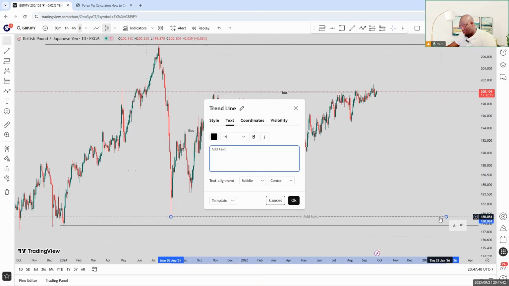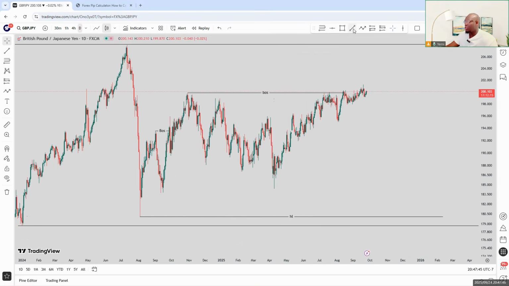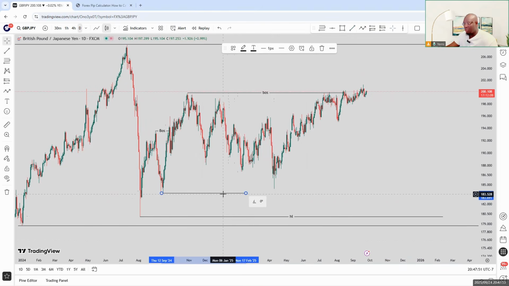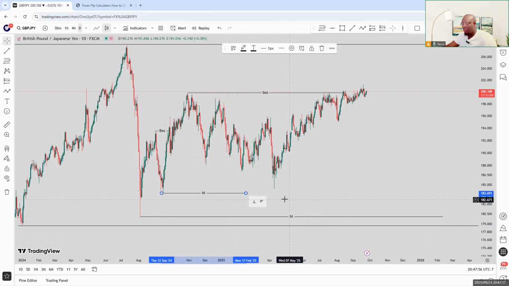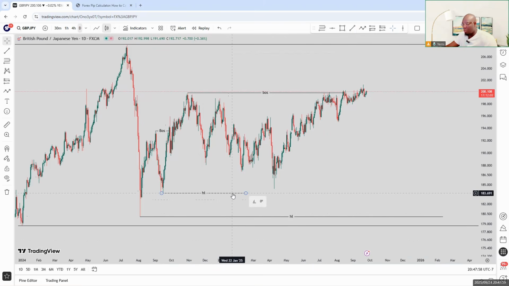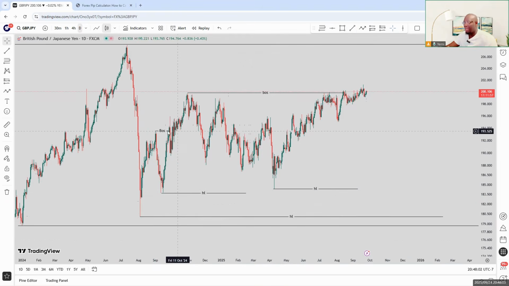So most of the time I'd love to label my chart, and I said we have a higher low right here. So what do we have next? We have a bunch of higher lows right here that the market was building, right? So whatever you want to call it, you can call it a minor higher low, whatever it is, as long as you memorize it and you do not forget it. So we have a higher low right here at this level.